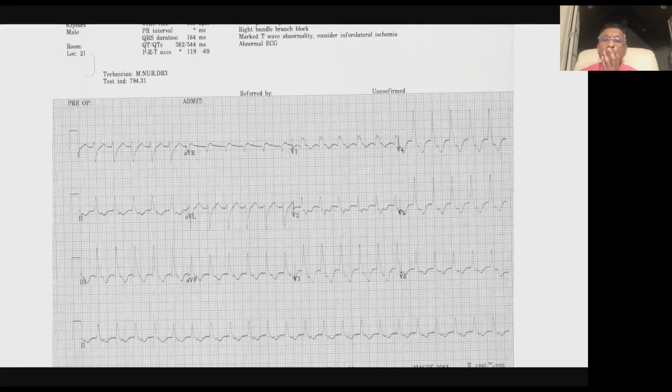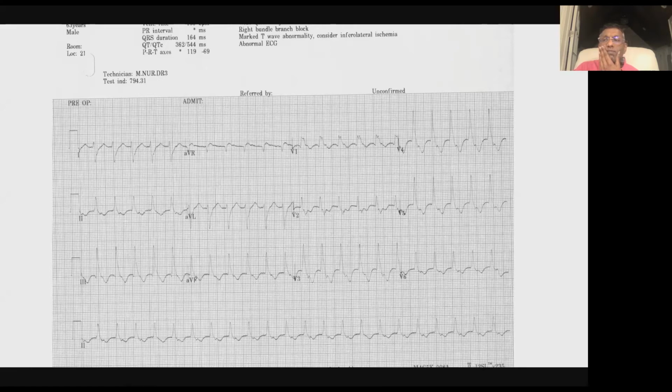There's a P wave prior to the QRS in most of the beats, but the RP interval is short and the PR interval is long. Okay. Some features of right bundle branch block.